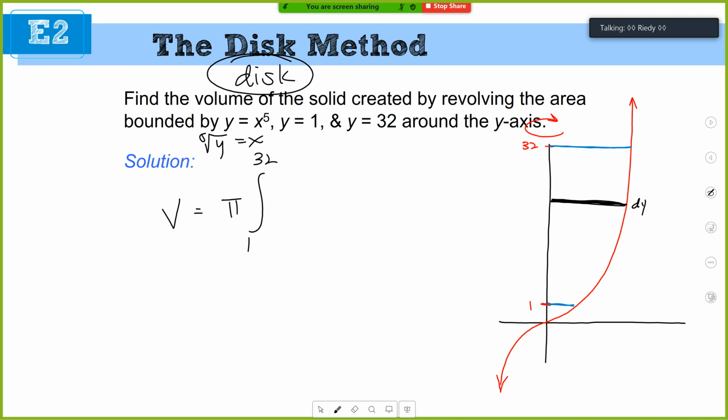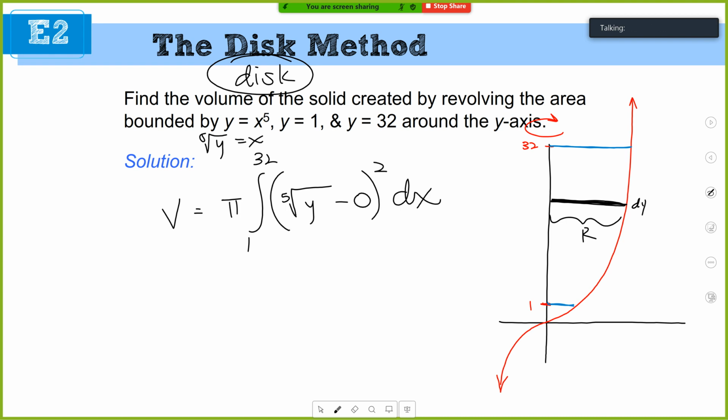Here's my radius. And so, since my rectangles are horizontal, I'm going to do right minus left. The 5th root of y minus 0, quantity squared, dy.